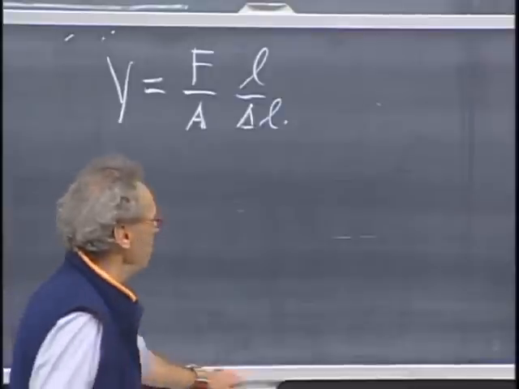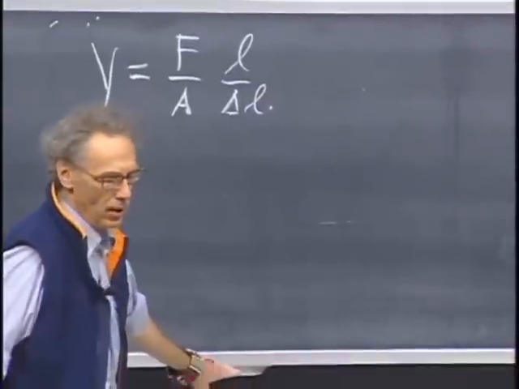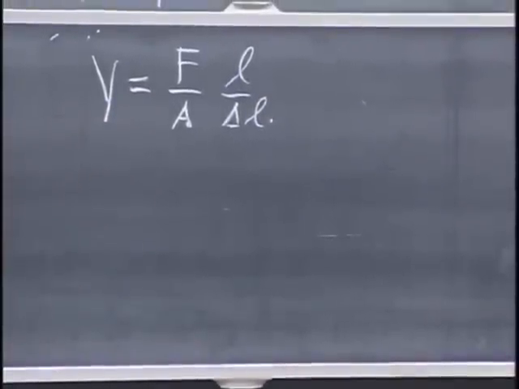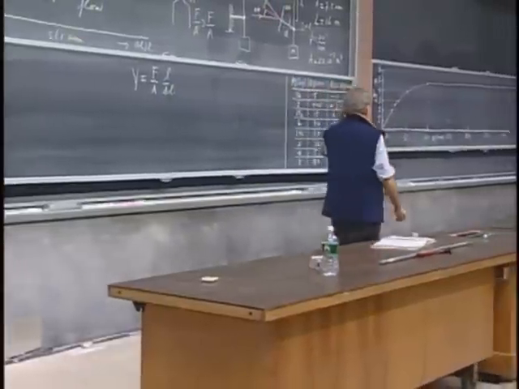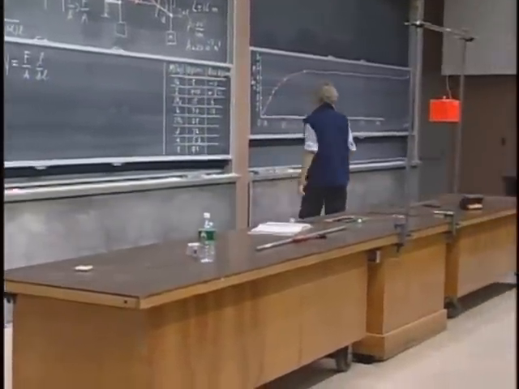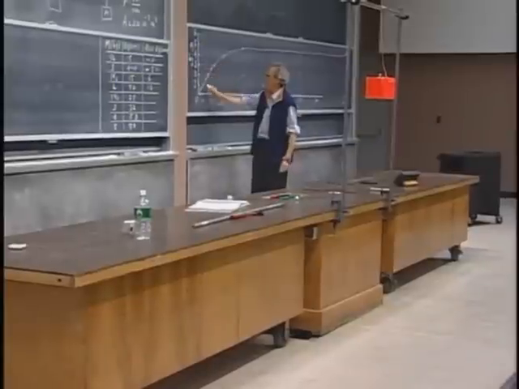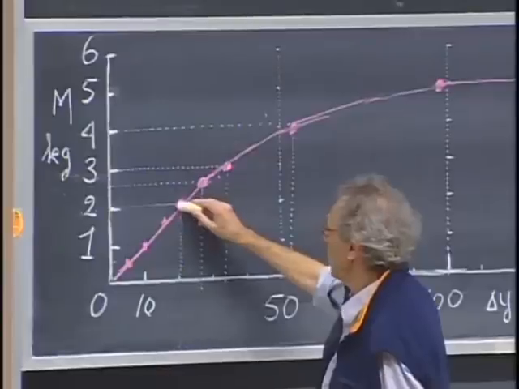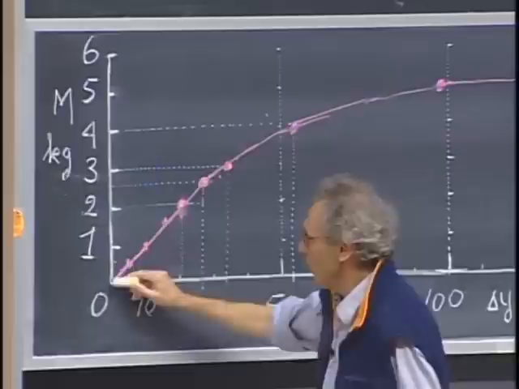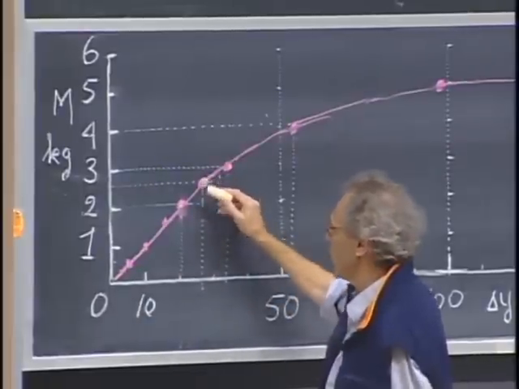Still on the blackboard there. And so now it's a matter of where do we think that Hooke's law still holds. I think this whole portion would be fine. So we could take this point as well as this point, because anywhere on this straight line you'll get the same value for Young's modulus.